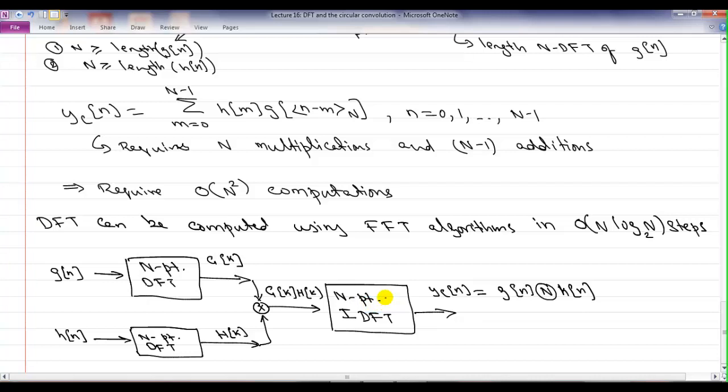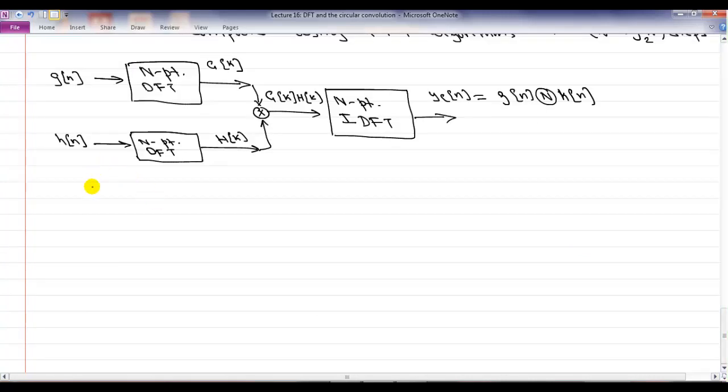The total cost of that for large values of N is still much smaller because your computational complexity is scaling as order n log n. It is still much smaller than the case if you were to compute circular convolution directly, because that cost will be proportional to n squared.